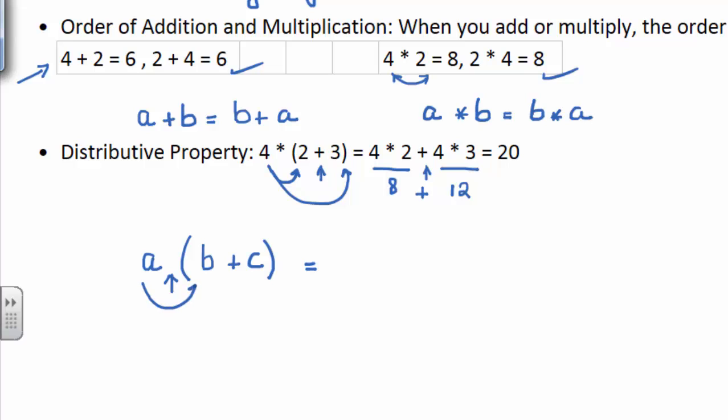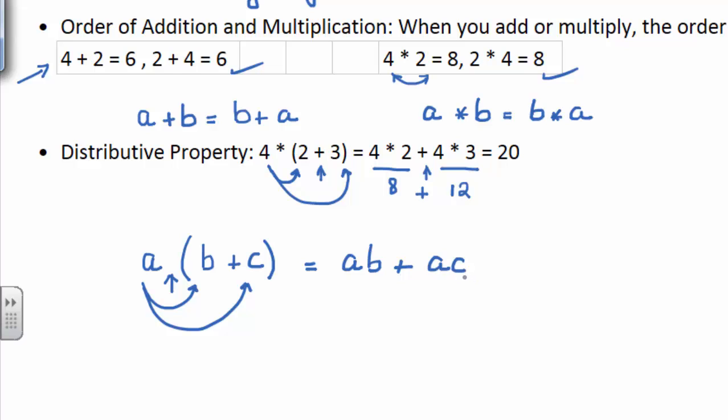So a times b, ab, plus a times c, ac. Done. Now we need to understand why a(b plus c) equals ab plus ac.